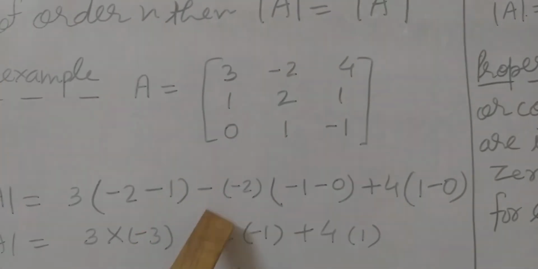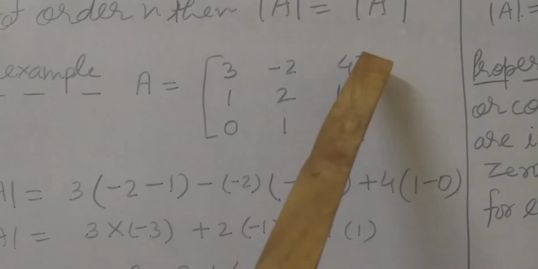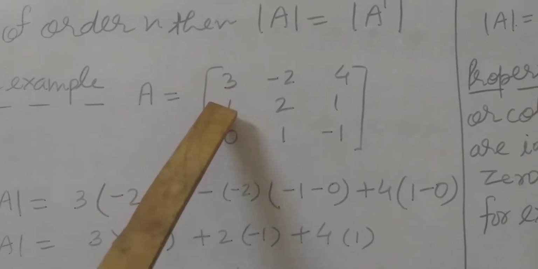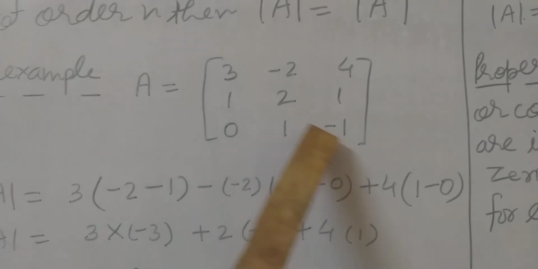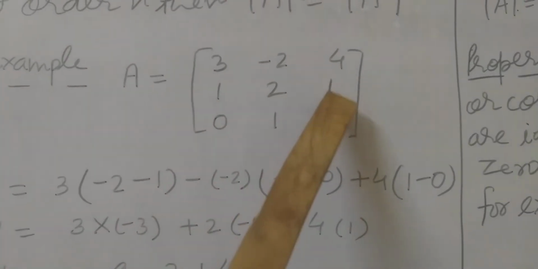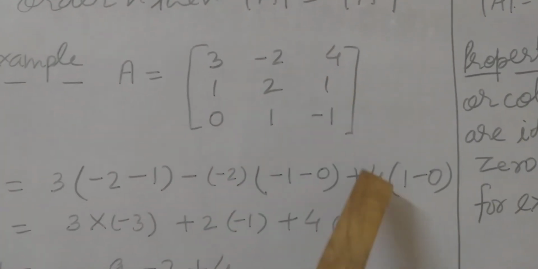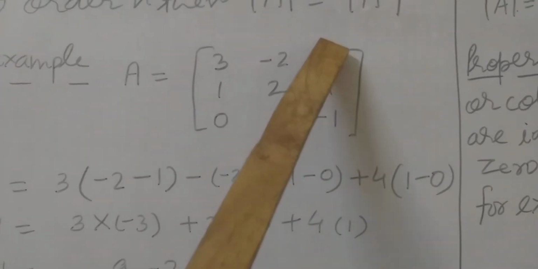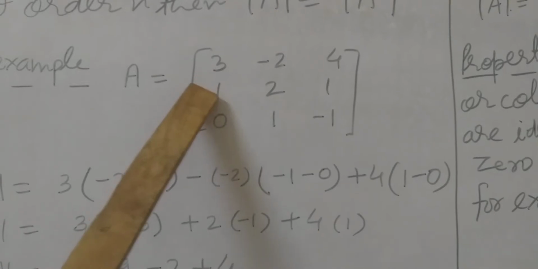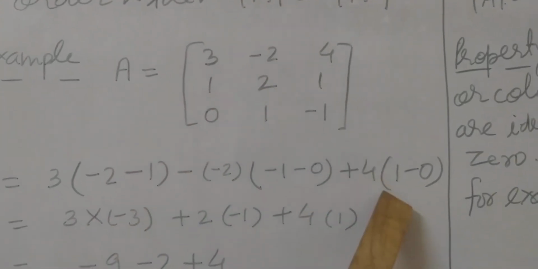Now for minus 2, the column and row will be deleted: 1, 0, 1, minus 1. Let us multiply minus 1, minus 0, then plus 4, because it is A13, that's why the plus sign is there. Delete its column and row, students: 1 minus 0.